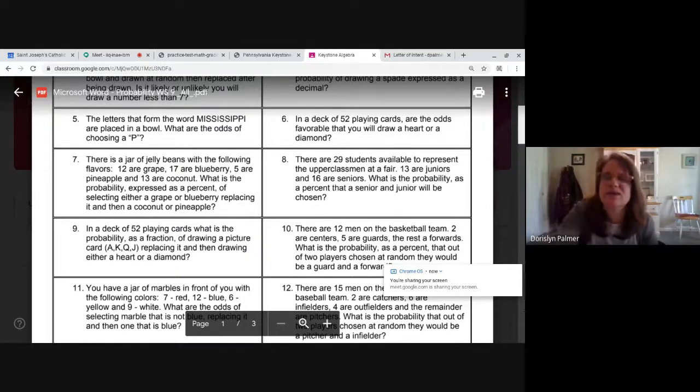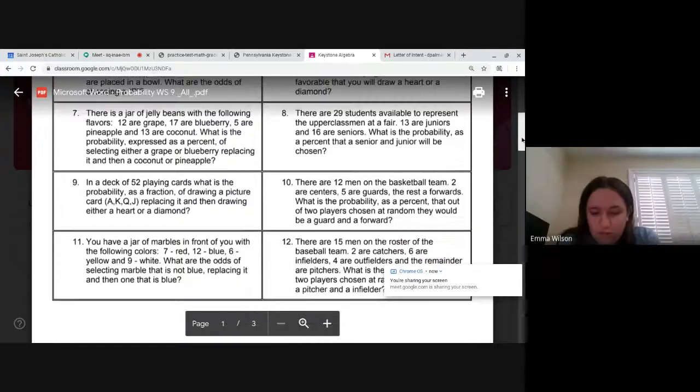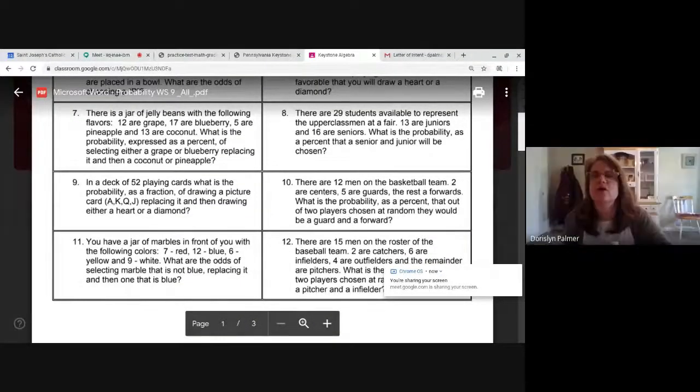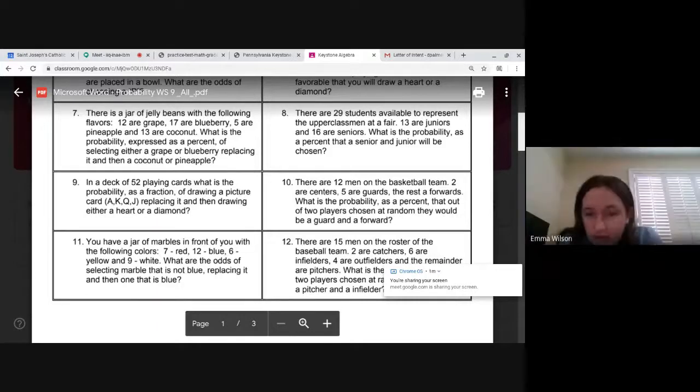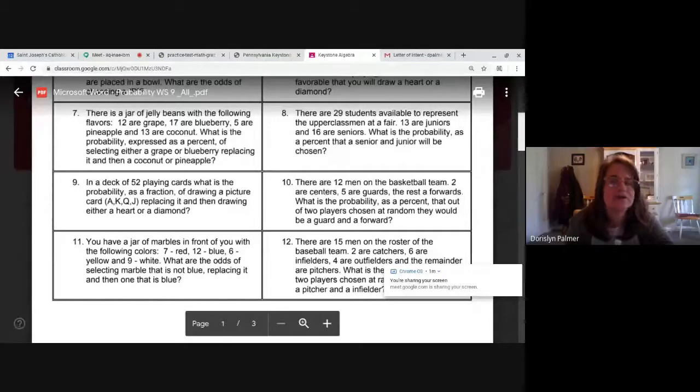And now we want to pick a forward. How many forwards are there? 7. Wait, no. 5. There's 5 guards, and the rest are forwards. So how many forwards? There's 12 men on the team. 5 are guards, so the rest are forwards.